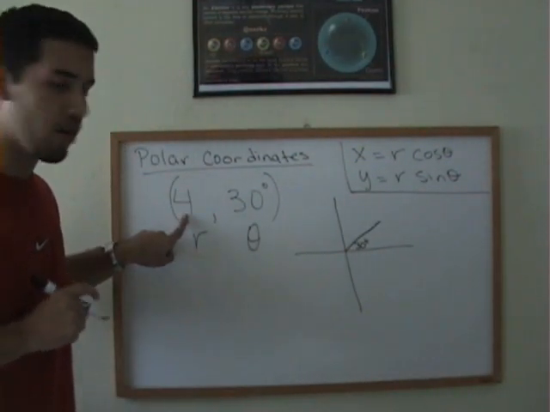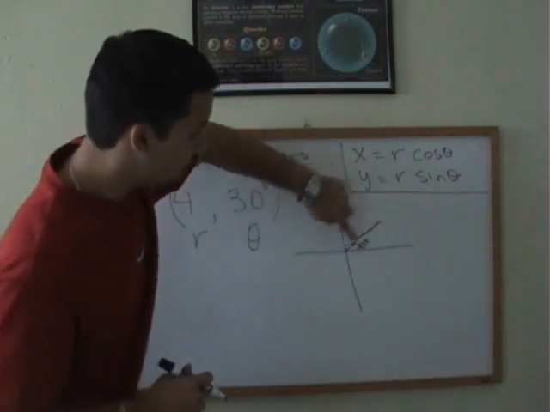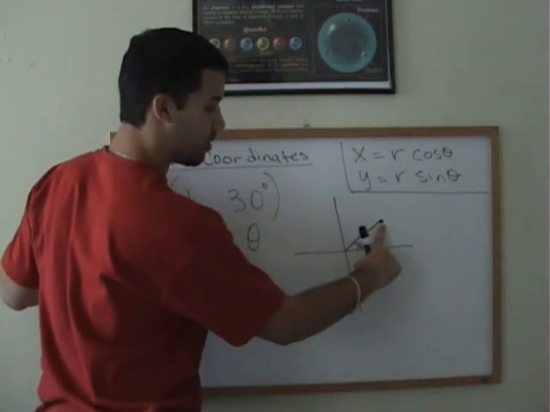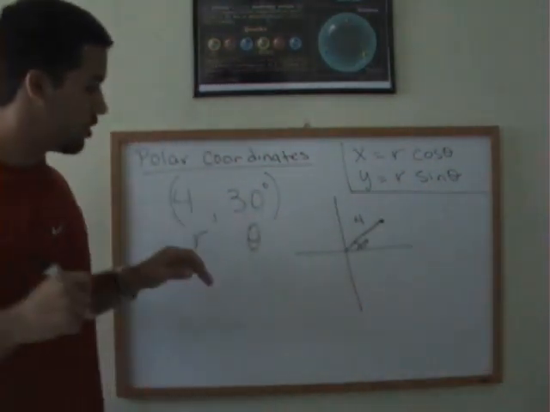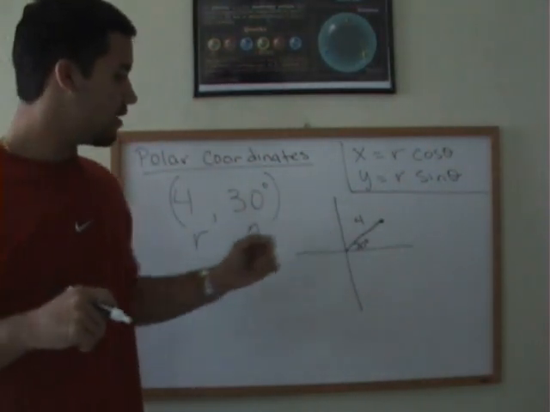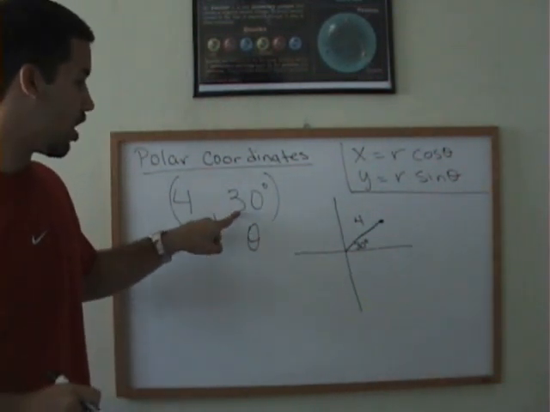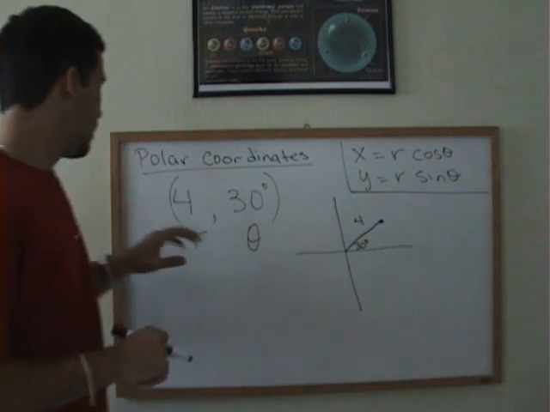Now, this 4, all it's telling you is the length between the origin and this point right here. This is the rectangular point, which we don't know. Okay, so we have the 4. So that is how we would draw a polar coordinate. Remember, start with your angle and then put your radius.